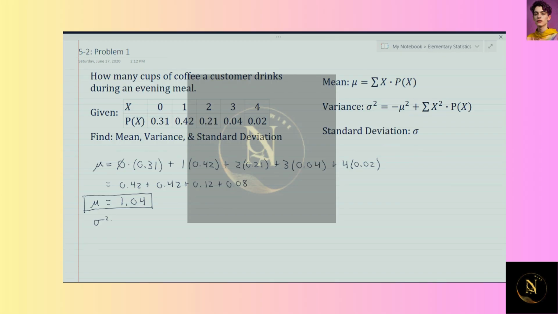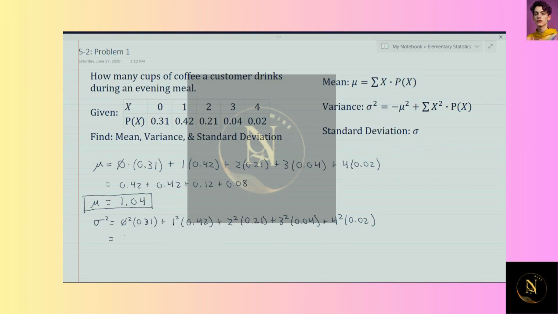We'll call that sigma squared. And that is going to be equal to 0 squared times 0.31 plus 1 squared times 0.42 plus 2 squared times 0.21, 3 squared times 0.04, 4 squared times 0.02.